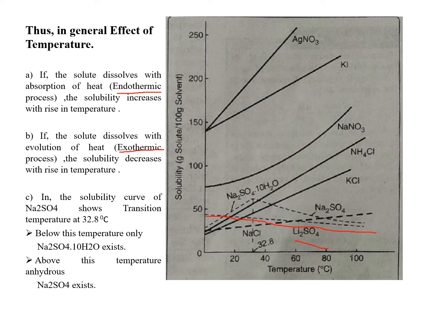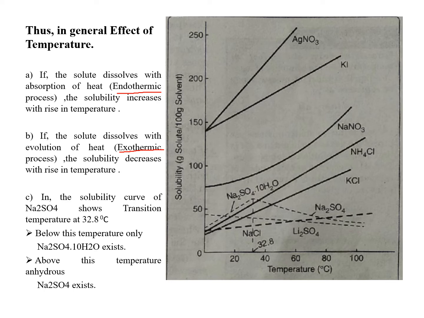Now come to the third type of condition. There are also some solutes which show irregular behavior of solubility on increasing the temperature. Now, the curve of Na2SO4, sodium sulfate.